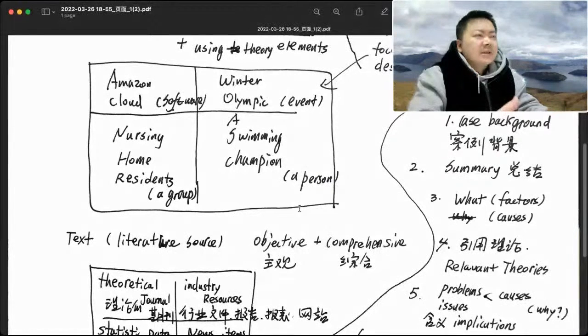I have the example of a swimming champion, like Phelps. Is that guy's name Phelps, the champion? He swims very fast. You write a case study about him to understand how he can swim that fast.